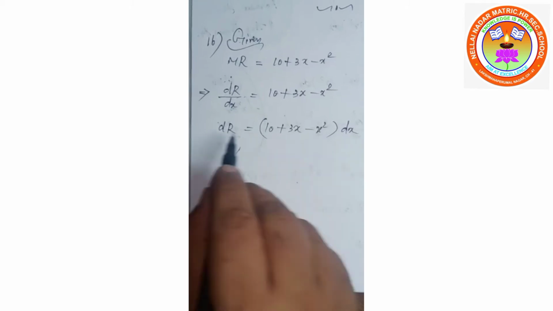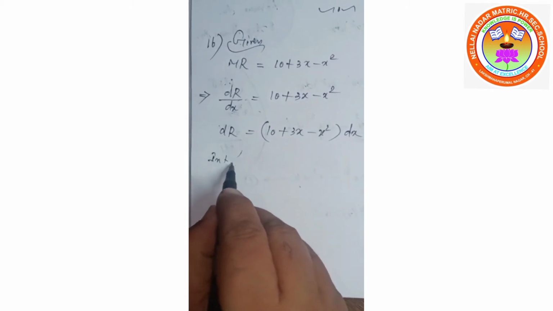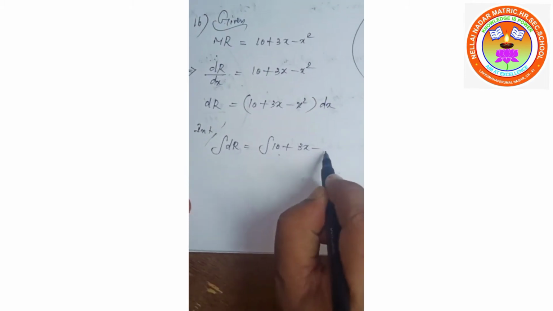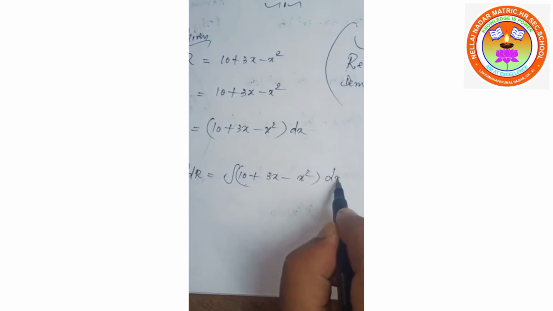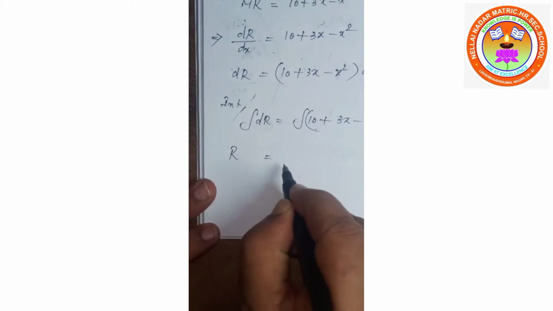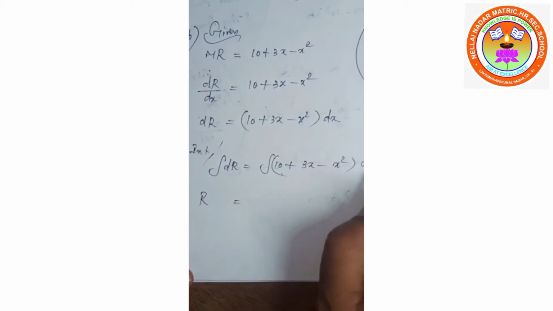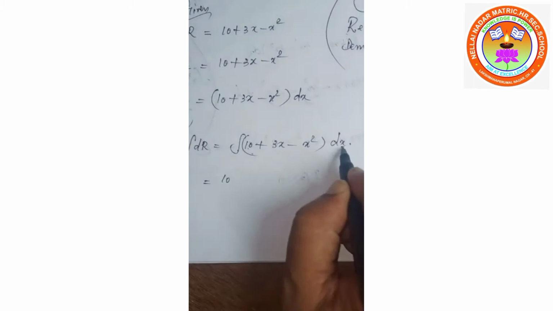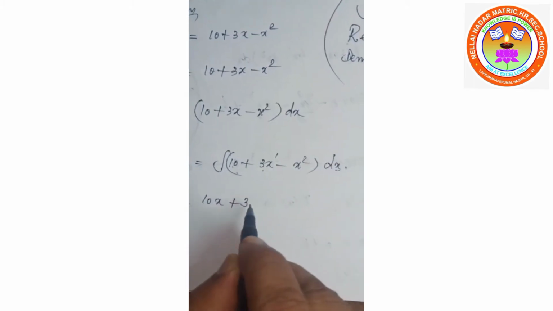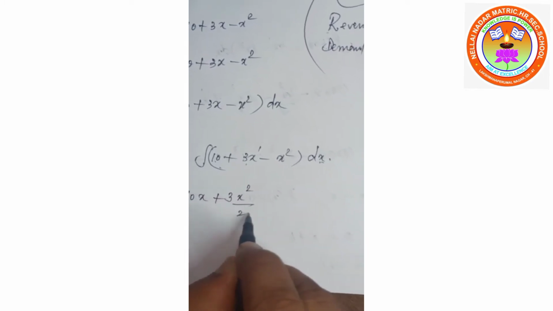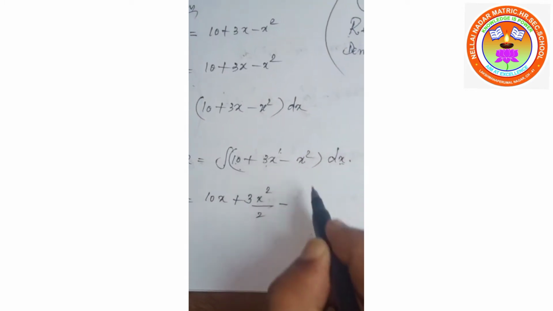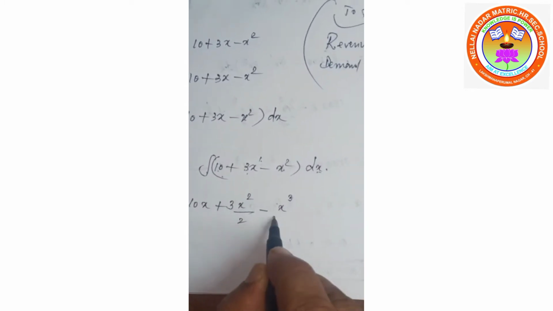After that, the separation of variables, you have to integrate on both sides. Integral dr equals integral of 10 plus 3x minus x squared into dx. Integral dr is equal to r. 10 into dx, 10 constant as it is, integral dx is x. 3 constant as it is, x power 1 integration, you know very well, x power 2 by 2, just add 1 with the power, minus x square integration, x power 2 plus 1, 3, and divide by 3.